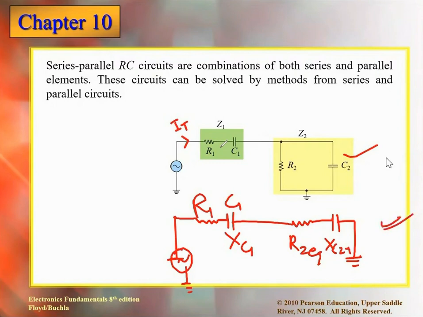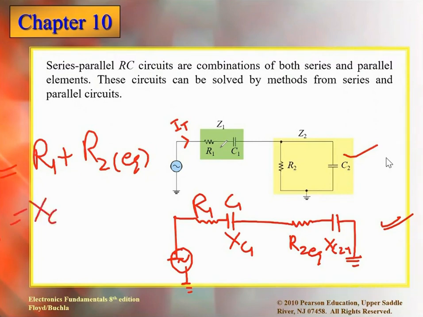So the total RT is R1 plus R2 equivalent. Similarly, XCT total is XC1 plus XC2 equivalent, and we know that capacitive reactance will be treated like a resistance, simple addition.